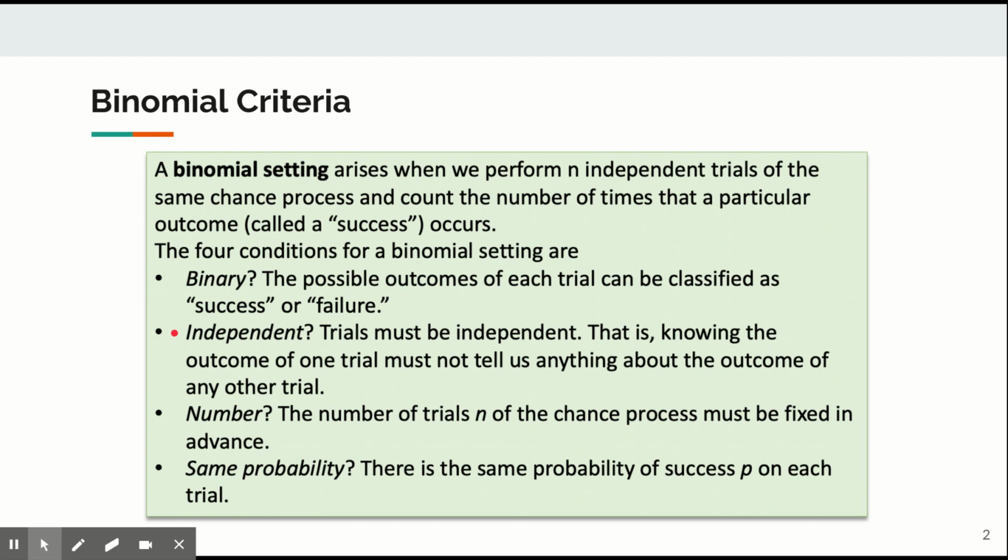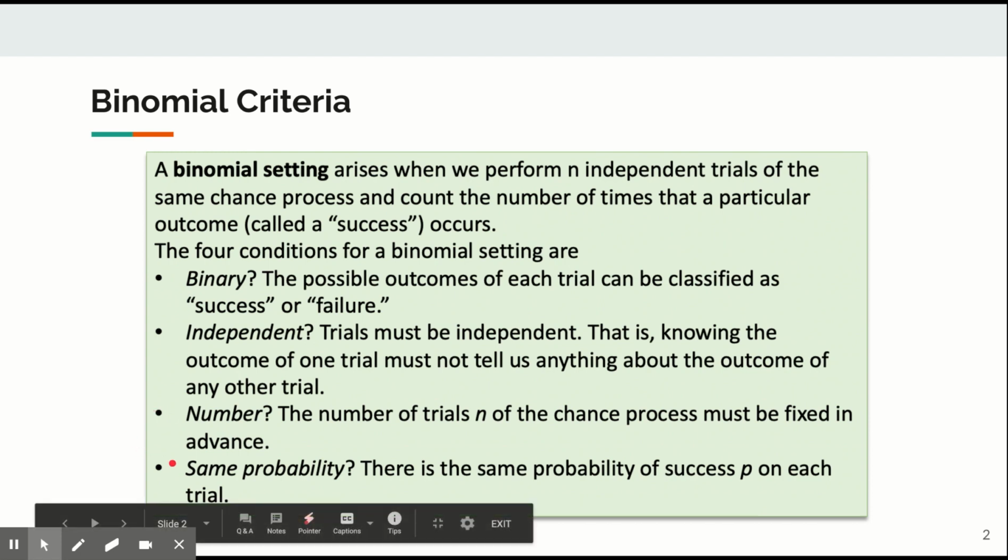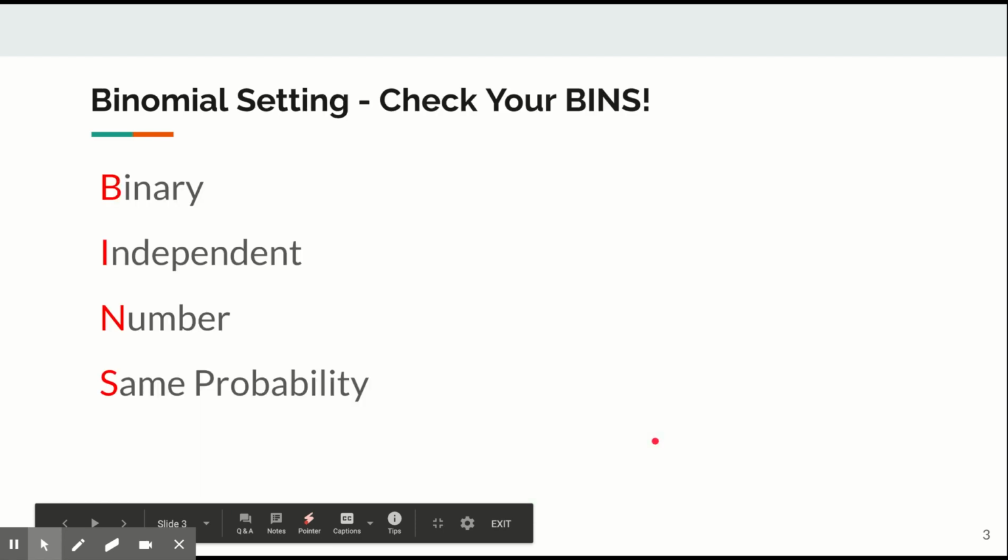That is, knowing the outcome of one trial must not tell us anything about the outcome of any other trial. We need to have a set number of trials. We refer to the number of trials as n, and this is fixed in advance. And the same probability of success for each trial, we refer to the probability of success as p.